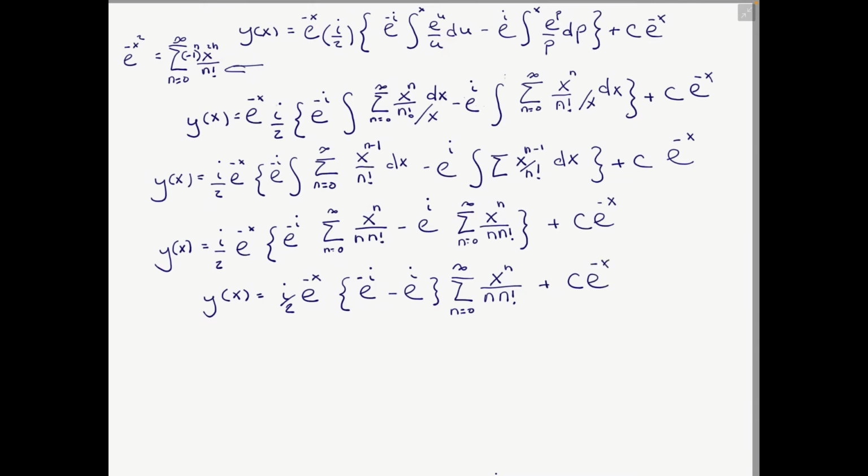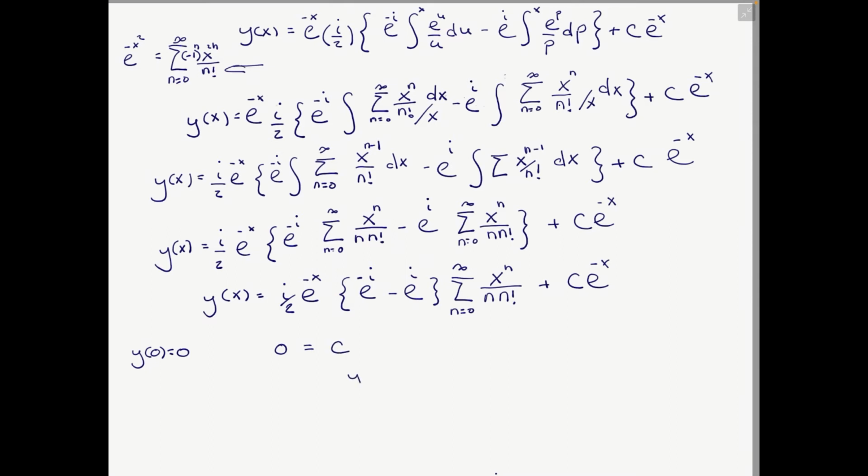And we had a condition: y of 0 equals 0. So we have the polynomial there. And if x is 0, that term is 0. So we have 0 equals c.